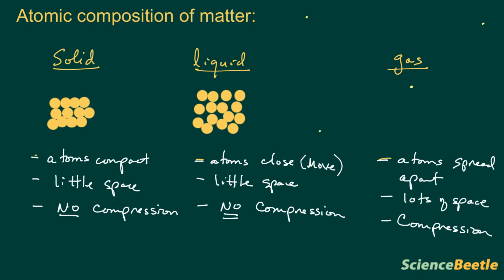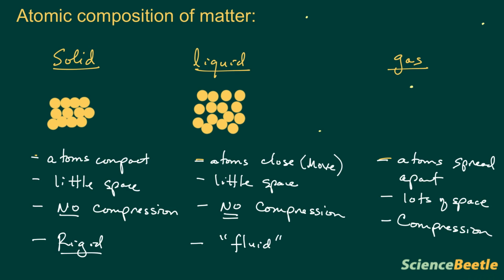Okay? One other item that we need to take into account here is the rigidity or fluidity of a substance. Whenever we look at solids, solids are pretty rigid. And we know that already because the atoms are compact. So they're not going to take the shape of any container if you put them into a container. The liquid, however, we say that liquids are fluid.